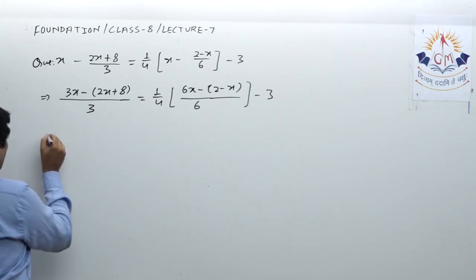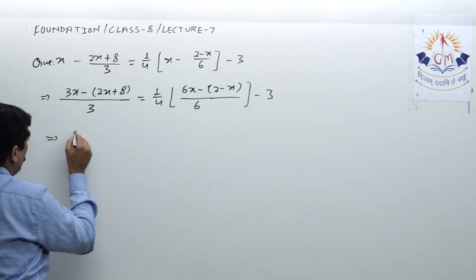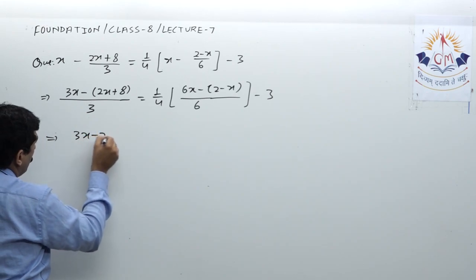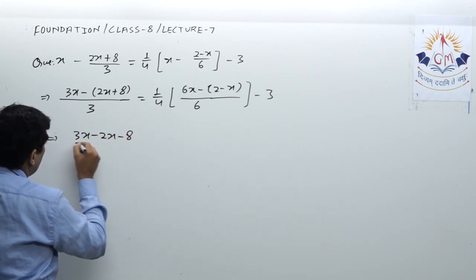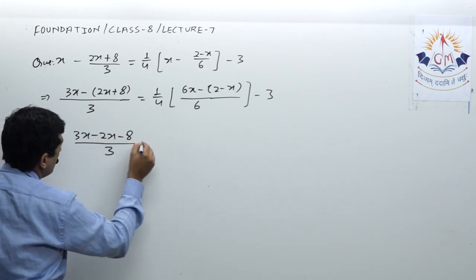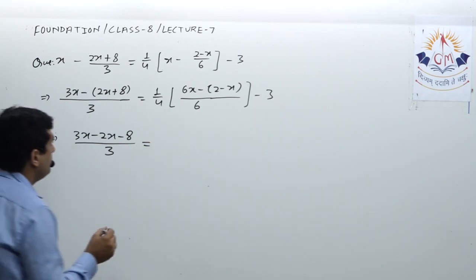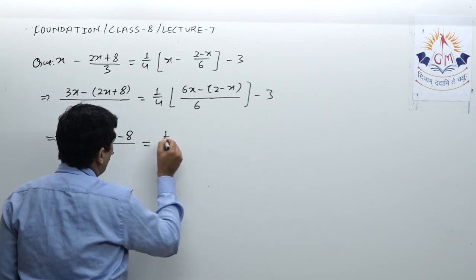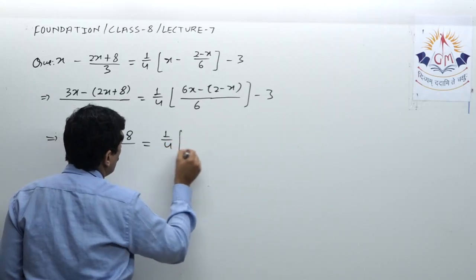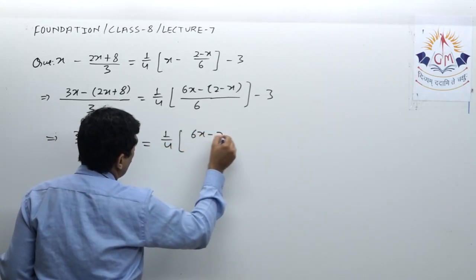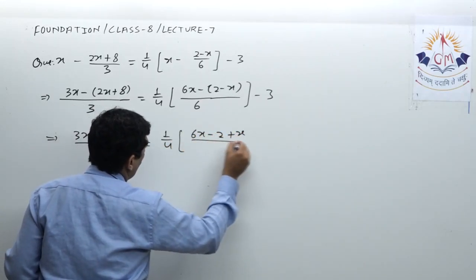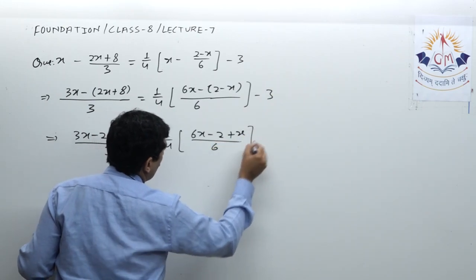Now next over here it will become 3x minus 2x minus 8 divided by 3 is equal to 1 upon 4 into (6x minus 2 plus x) upon 6 minus 3.